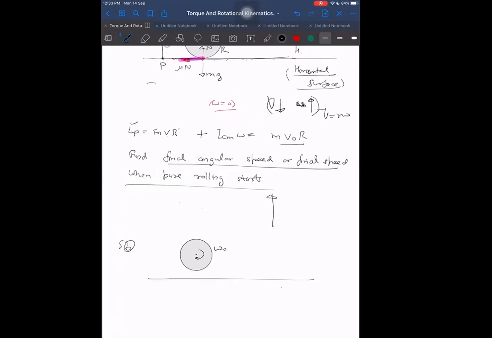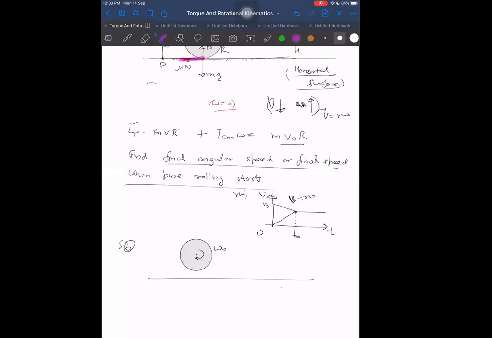Let us say I want to plot v versus time graph, and r omega versus time graph. Velocity starts from v0 and it is decreasing, and r omega starts from 0 and it is increasing. But there will be a time t0 when v will become equal to r omega. And after that, neither v nor r omega changes, so both become constant.